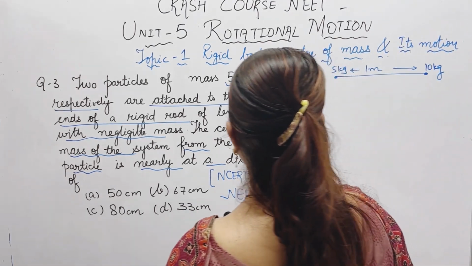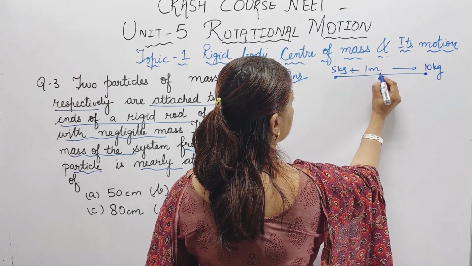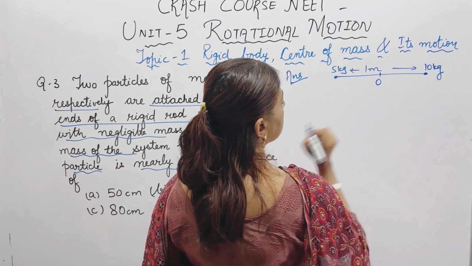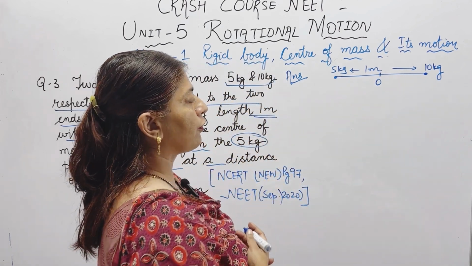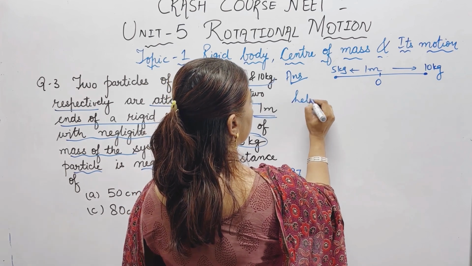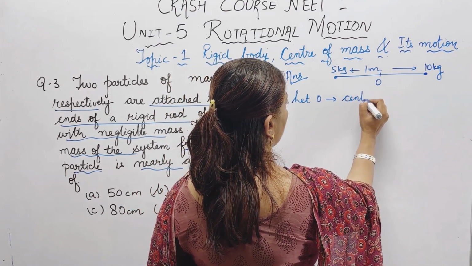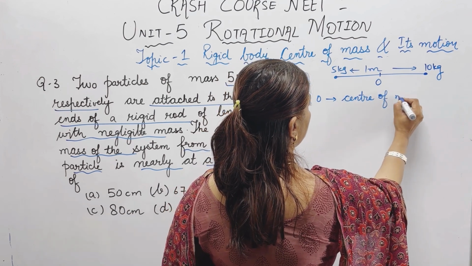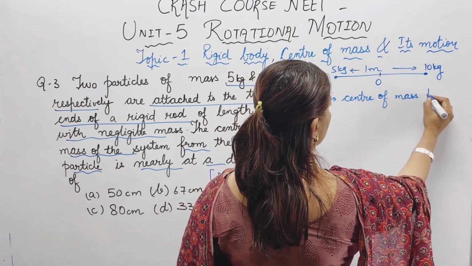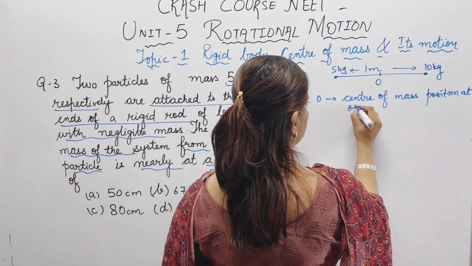The center of mass of the system from the 5 kg particle is, let O be the point of the center of mass lying at the origin.